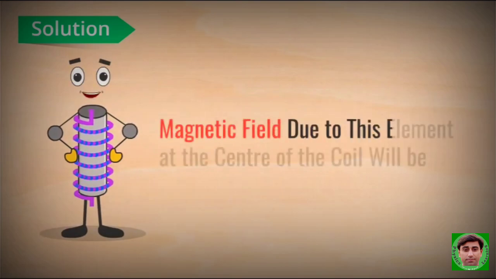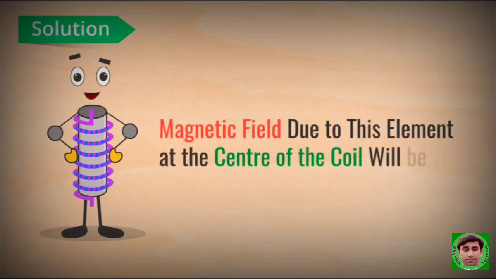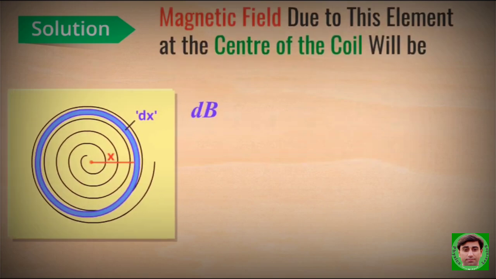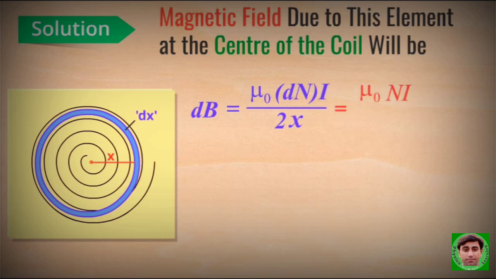The magnetic field due to this strip element at the center of the coil will be dB equal to mu naught into dn into I divided by 2x. On substituting the value of dn, this expression becomes dB equal to mu naught into n into I divided by 2 into b minus a, into dx by x.